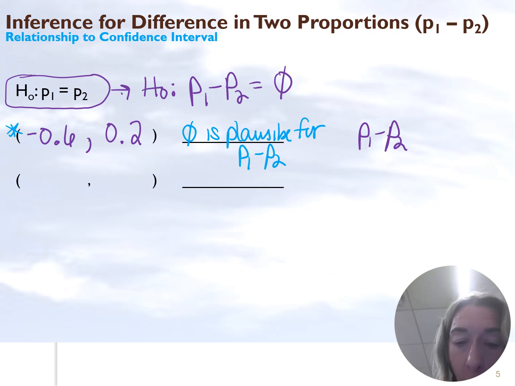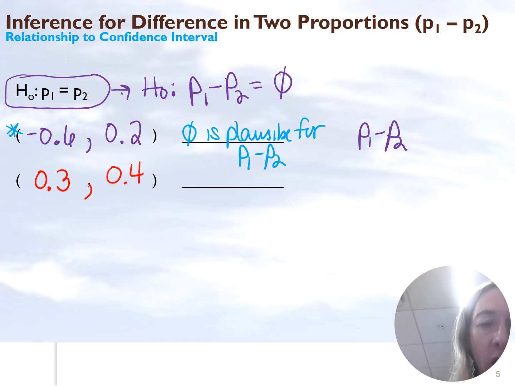However, let's say that this was the confidence interval that was calculated for the difference in the proportions, 0.3 to 0.4. In that case, for the confidence interval in red, 0 is not contained in that interval. It falls below 0.3.